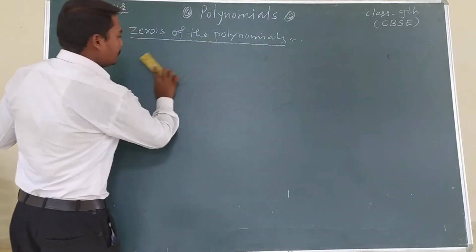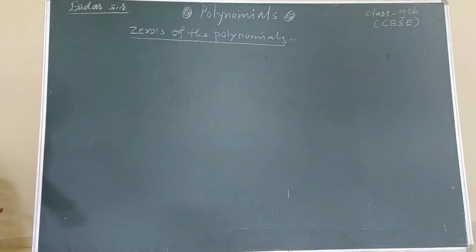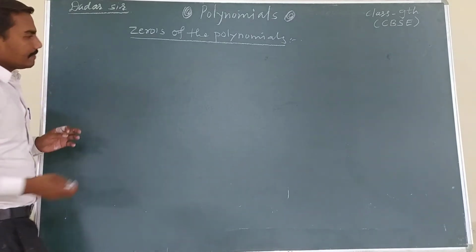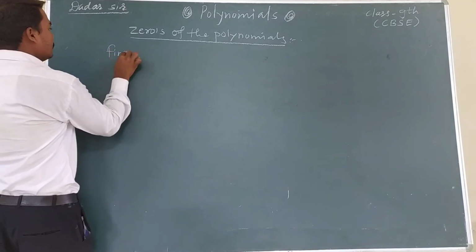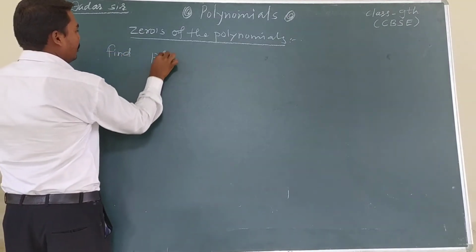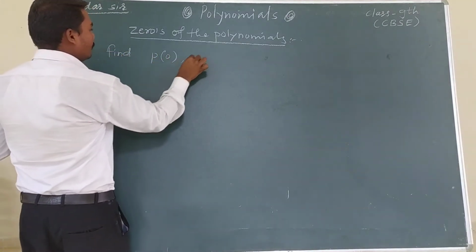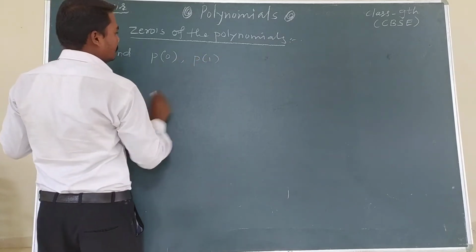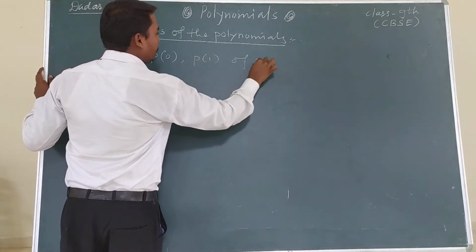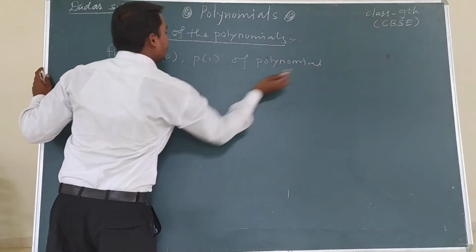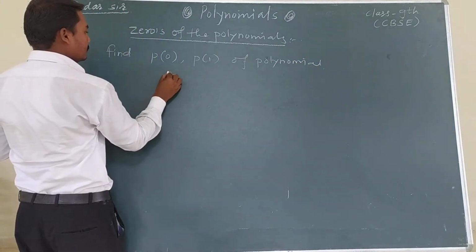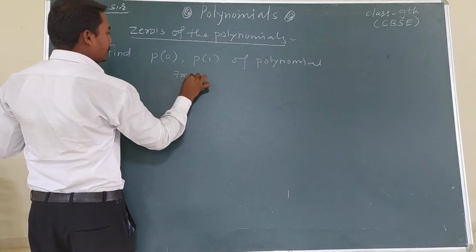So now next we have to see. Next point under the zeros of the polynomial. Find p of 0, p of 1 of the polynomial 7x plus 3.